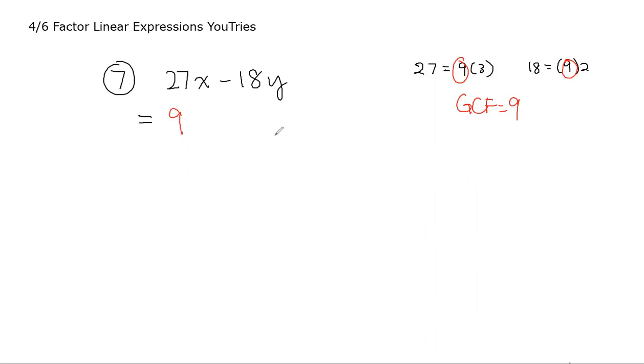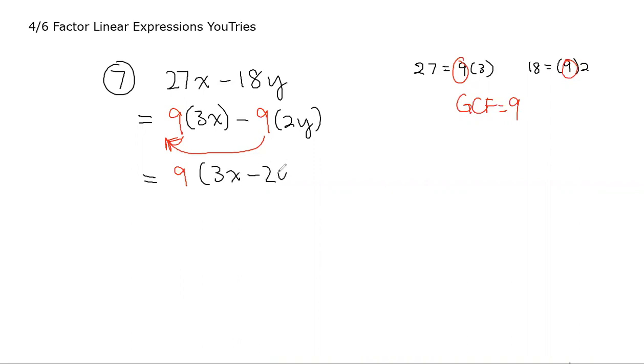Okay, let's rewrite. 9 times 2x... And a lot of you guys did really good on this part. You guys rewrote it. You guys did a good job. Okay, we're going to pull those out. So we're going to get 9 times the quantity 3x minus 2y.